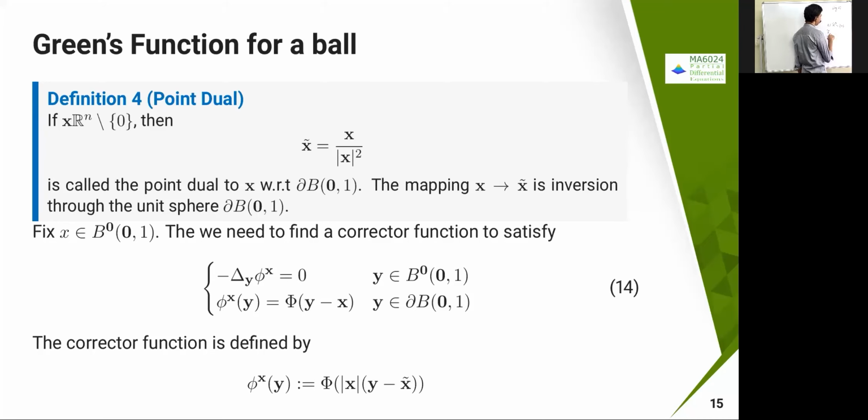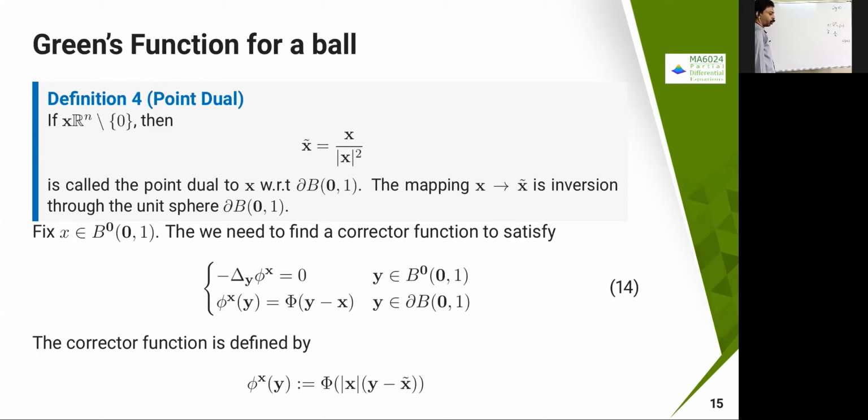Here we are going to define x by mod x squared, if x is not equal to 0. This is called the dual point with respect to the sphere boundary B of 0, 1.